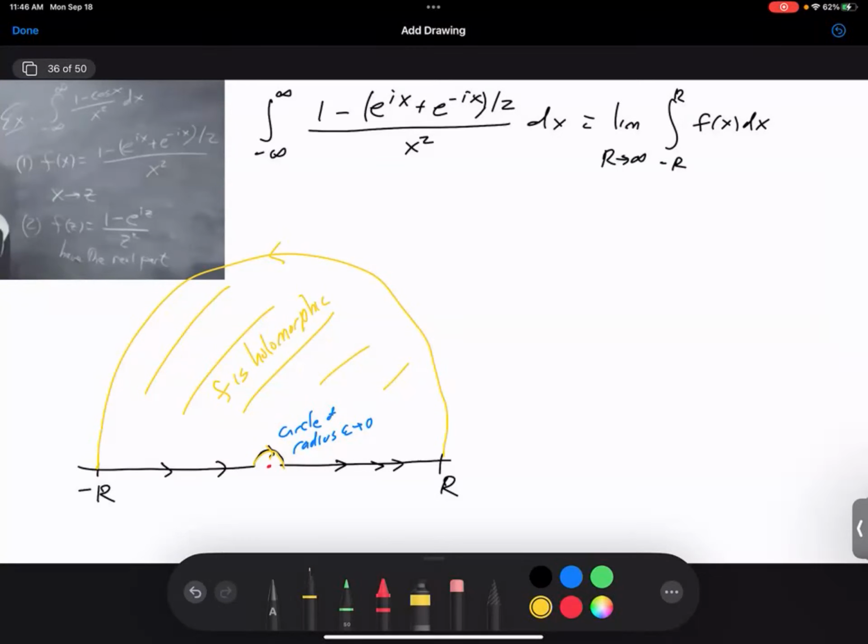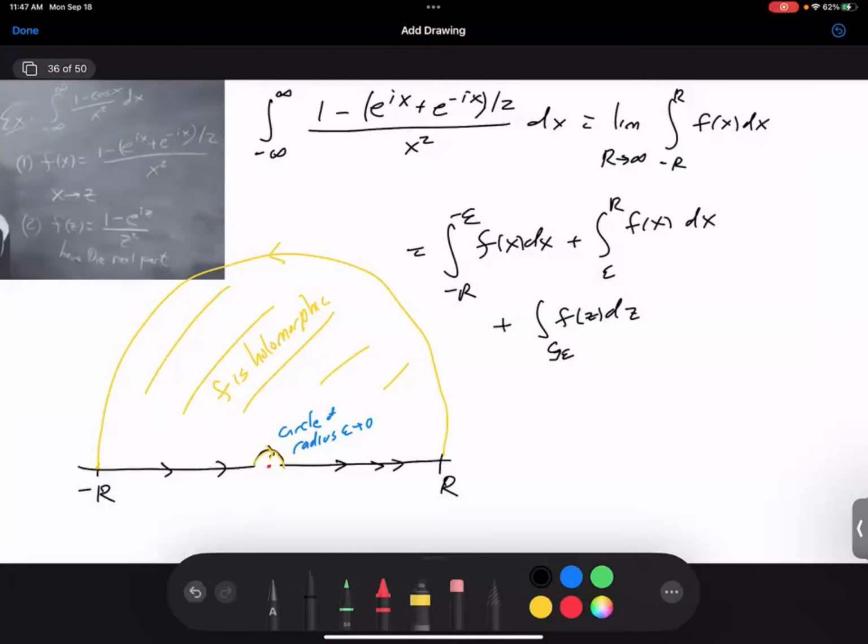So there'll be 3 parts. We'll get the integral from minus r to minus epsilon of f of x dx, plus the integral from epsilon to r of f of x dx, plus the integral over the circle of radius epsilon, but actually it's not the whole circle, it's the semicircle, of f of z dz.